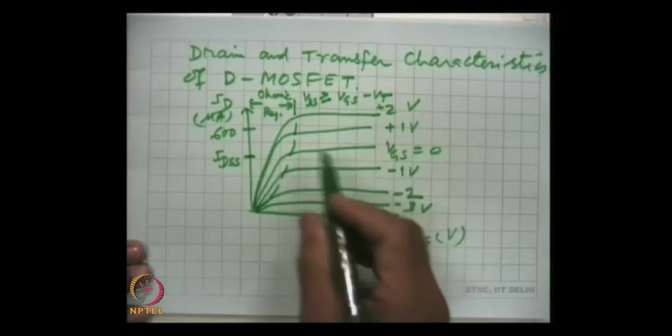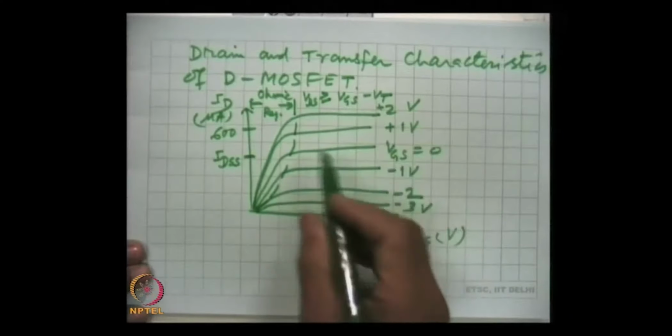So, we have ohmic region, saturation region, and below this is the cutoff region. We will discuss these three regions of the drain characteristics.